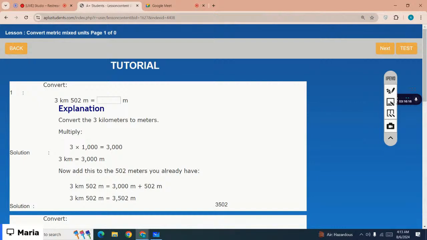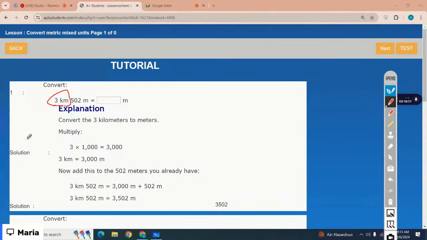We know that in 1 kilometer you have 1000 meters. So first you need to convert that 3 kilometers to meters, right? So you need to multiply 3 times 1000. Now it is 3000 meters.